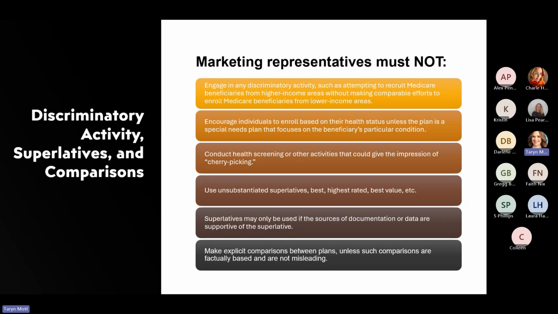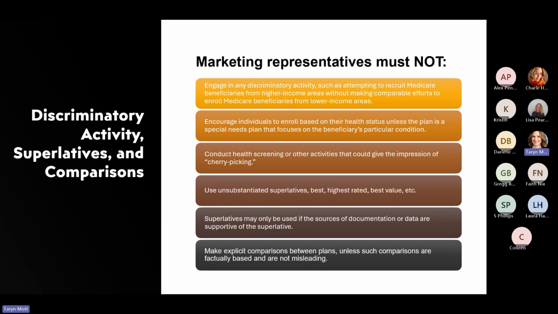Marketing representatives must not engage in any discriminatory activities, such as attempting to recruit Medicare beneficiaries from higher income areas without making comparable efforts to enroll Medicare beneficiaries from lower income areas. Do not encourage individuals to enroll based on their health status unless it is focusing on a special needs plan. Do not conduct health screening or other activities that could give the impression of cherry picking.